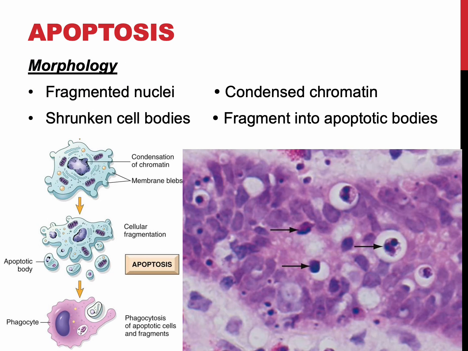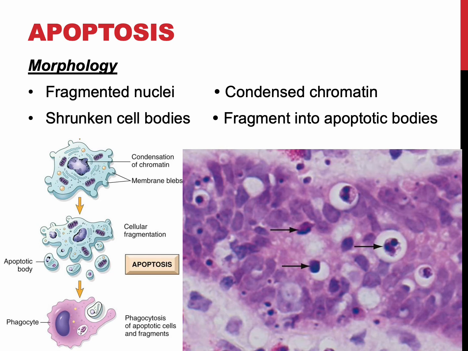When we look at a cell that is undergoing apoptosis, this is the typical morphology that you will see. The nuclei often will become fragmented. The cell body will also become fragmented and shrunken. The chromatin of the nuclei also will become condensed. And overall, the cell will basically fragment into small little pieces called apoptotic bodies.